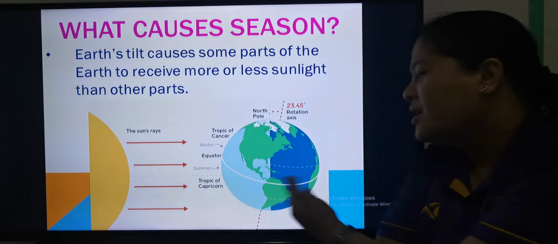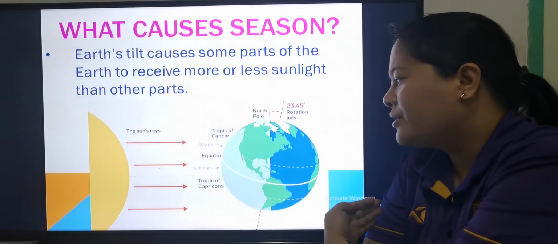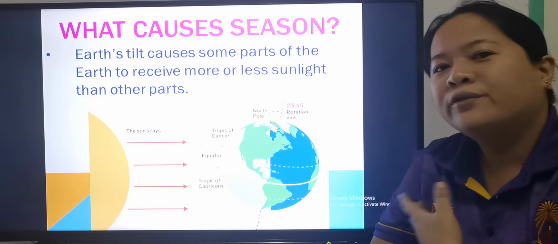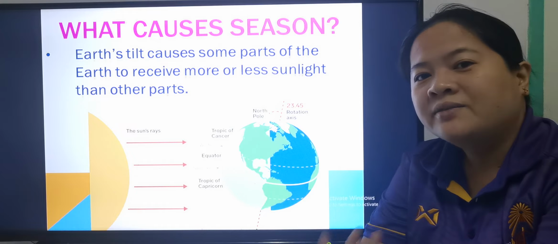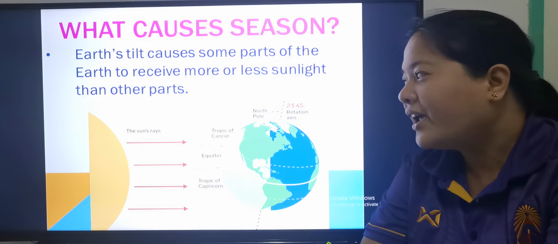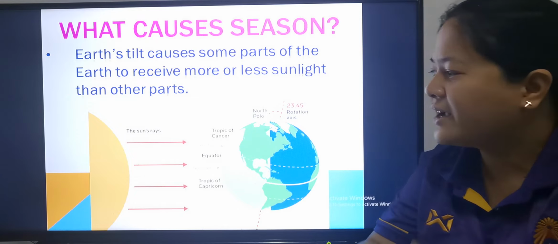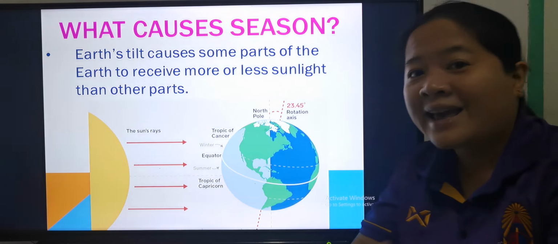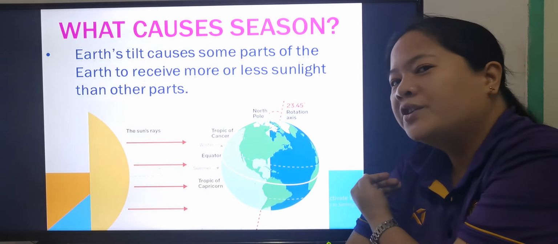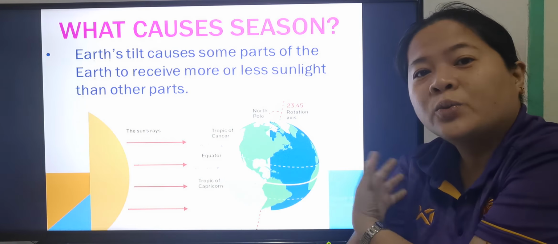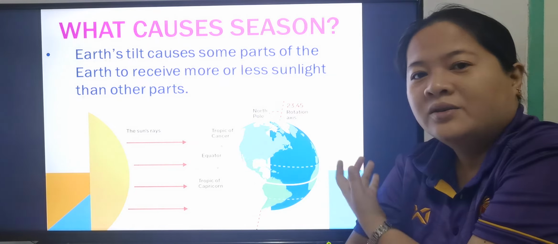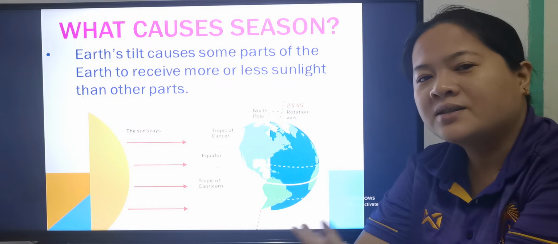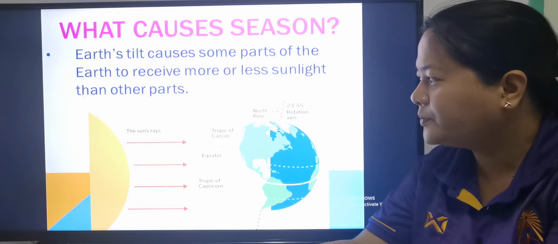So on this side, these countries receive less sunlight, and those parts of the Earth facing the sun receive more sunlight. If you receive less sunlight, those countries will experience winter, and those that receive more sunlight will experience summer.